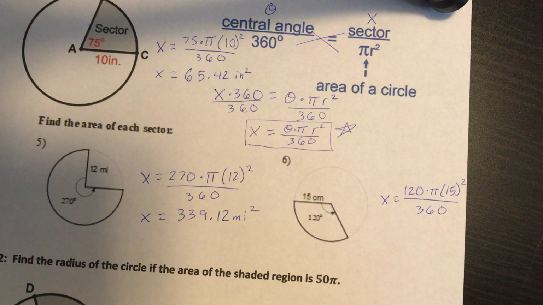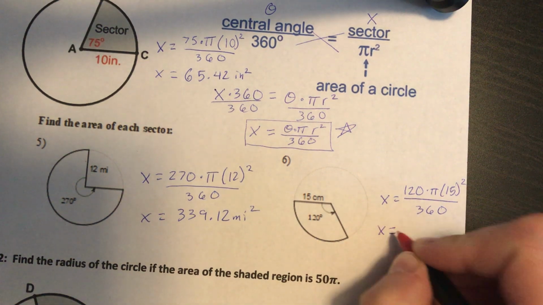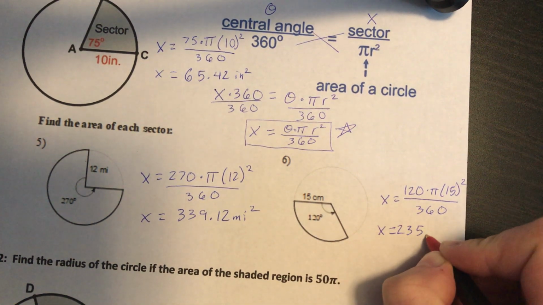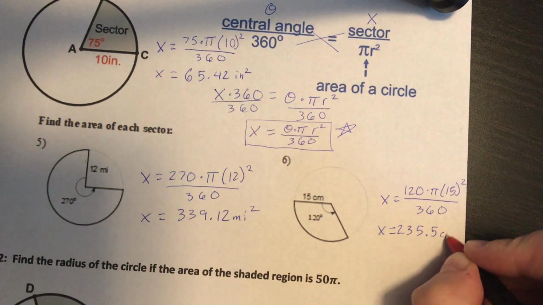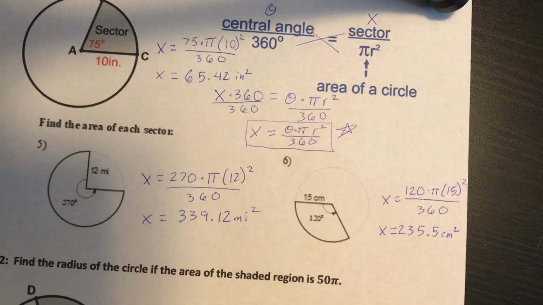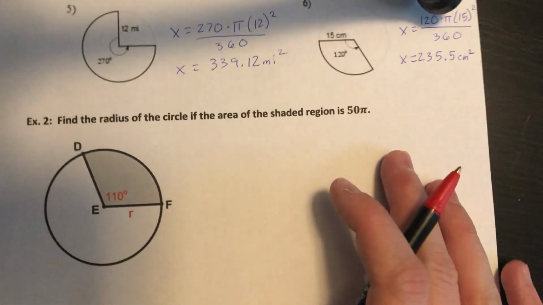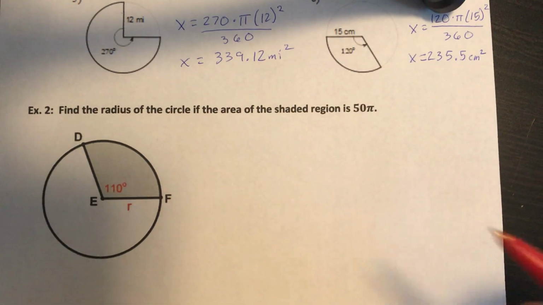You should have gotten x is equal to 235.5 centimeters cubed, or not cubed, squared.